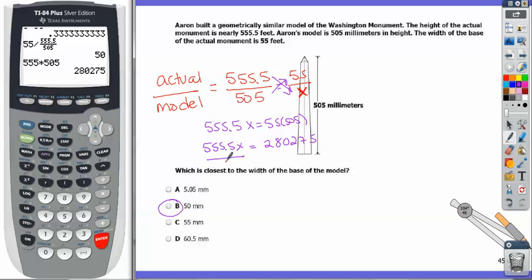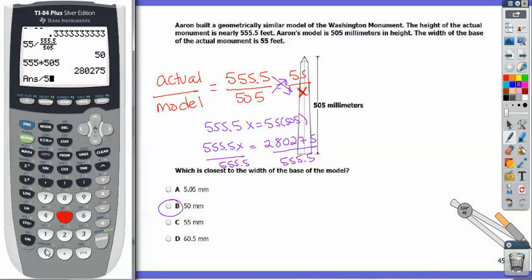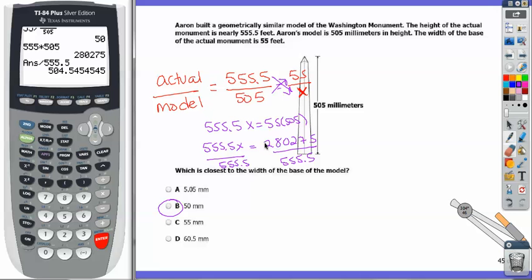Then I'm going to divide by 555.5 on both sides, and what do I get? Oh, did I do something wrong? Oh, I did. Somehow up here, I ended up getting 555, which makes this a little bit off. I can fix it though.